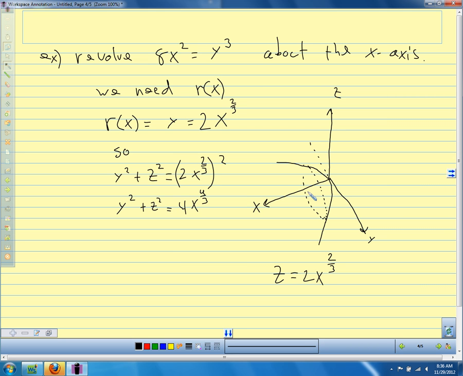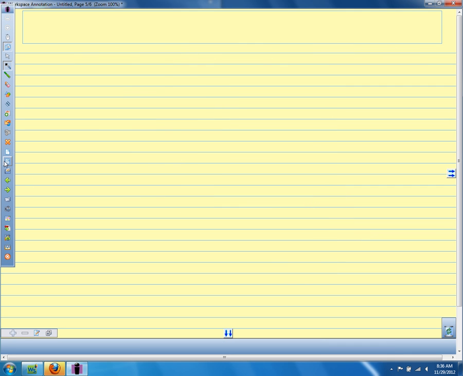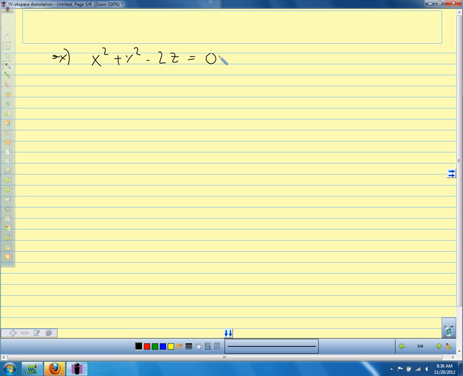So our generating curve is not necessarily unique. Questions on that one? Okay, let's look at one where we go the other direction. We want to do x squared plus y squared minus 2z equals 0.